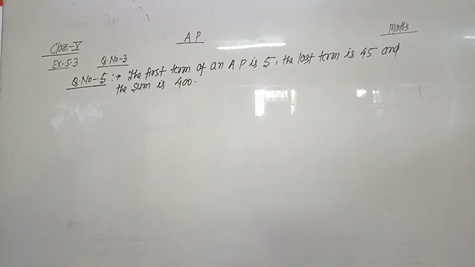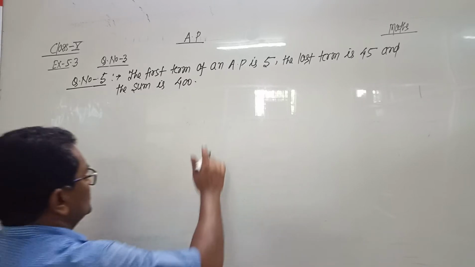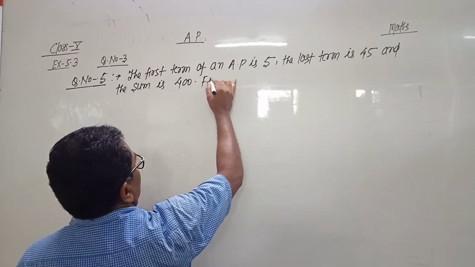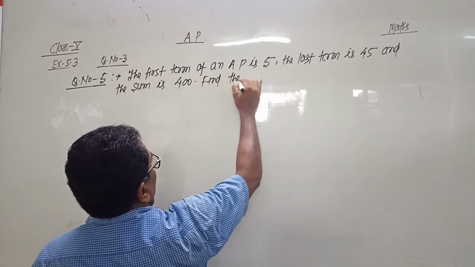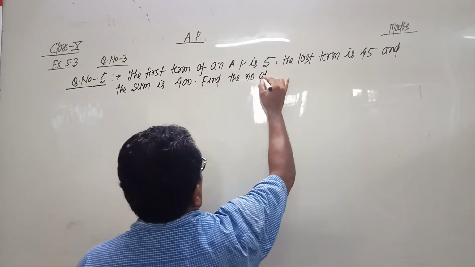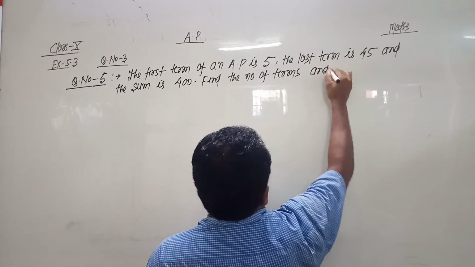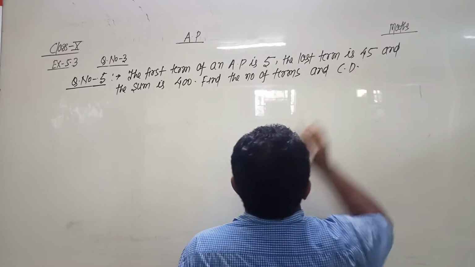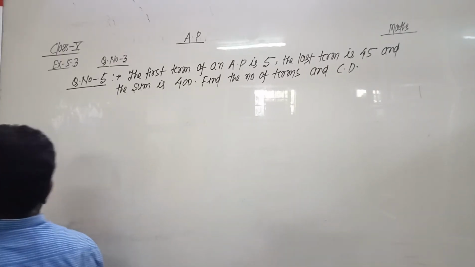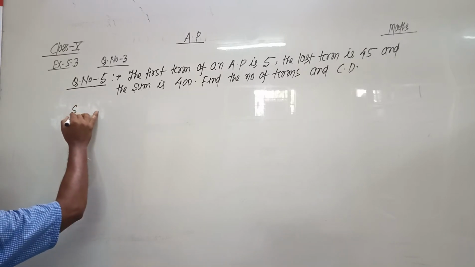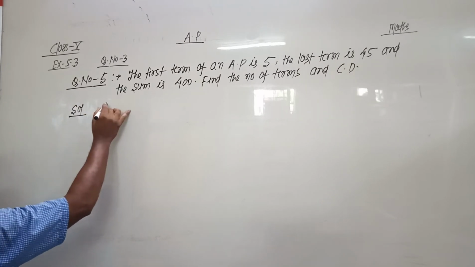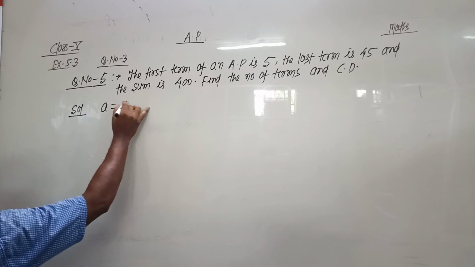Find the number of terms and common difference. So we have given the first term, a is 5.